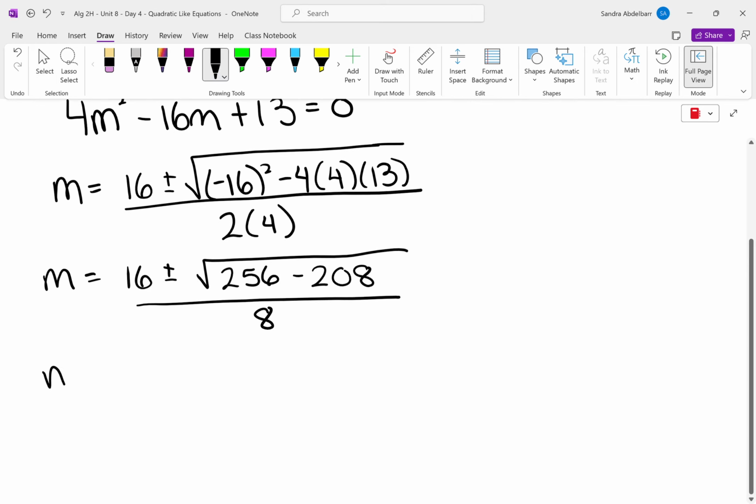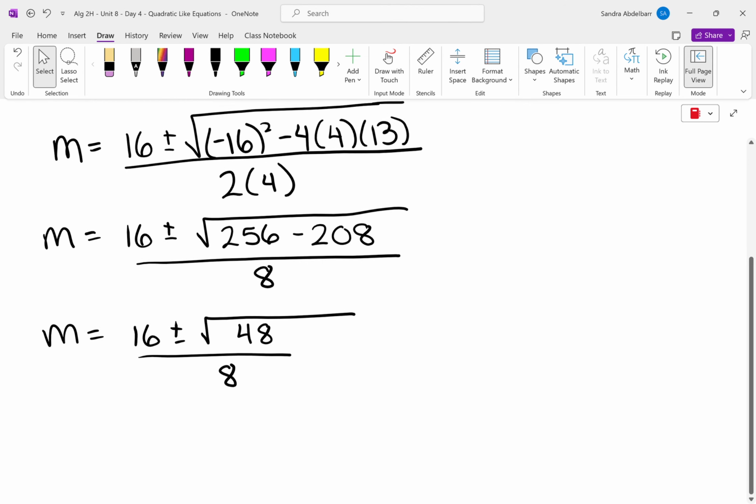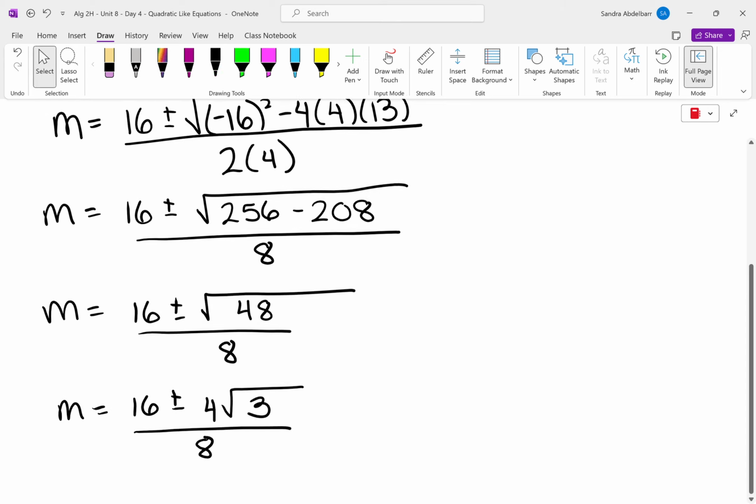We're going to keep simplifying this. When I subtract 208 from 256, I end up with a positive 48. And now we can simplify the root of 48. I can pull out a 4. So I get 16 plus or minus 4 root 3 over 8.